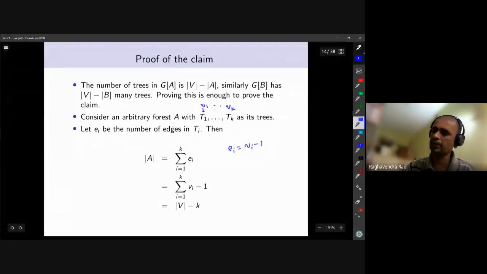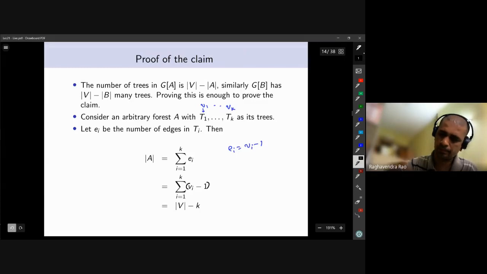So this is equal to the summation for i equal to 1 to k of (Vi minus 1), with a bracket here. Let's expand it further: the summation for i equal to 1 to k of Vi, minus k. There are k summands, right?